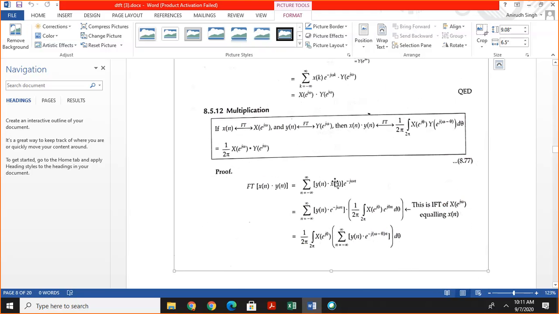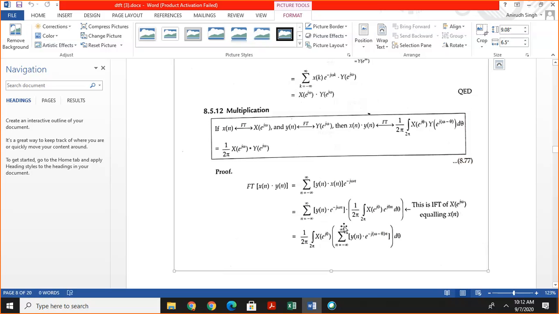And if in this expression we put the IDTFT of x of n, then we get 1 by 2 pi integration of X of e^{j theta} multiplied by this d theta.